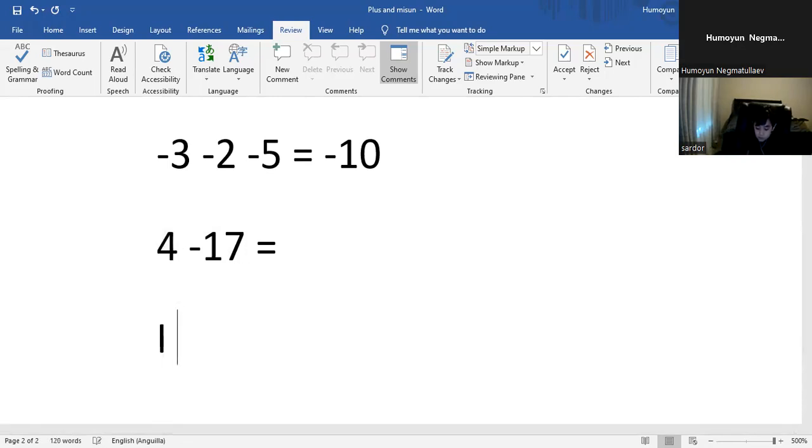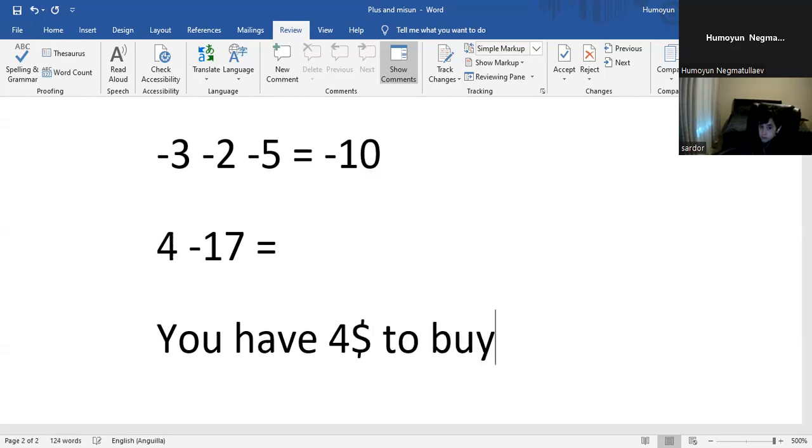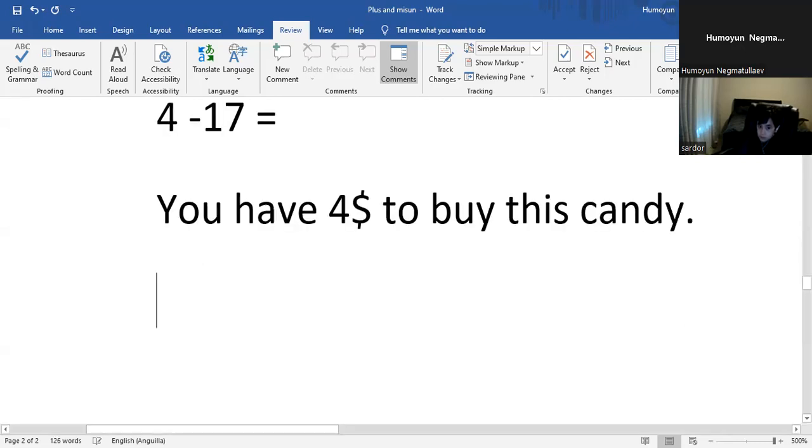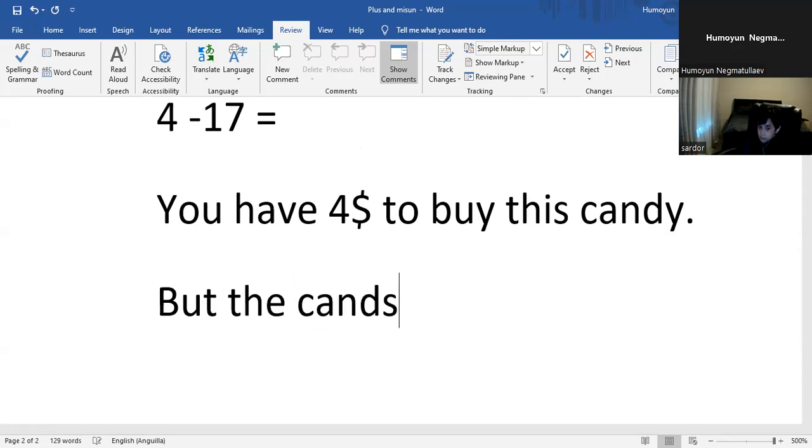I'll write it. You have $4 to buy this candy. But the candy costs $17.